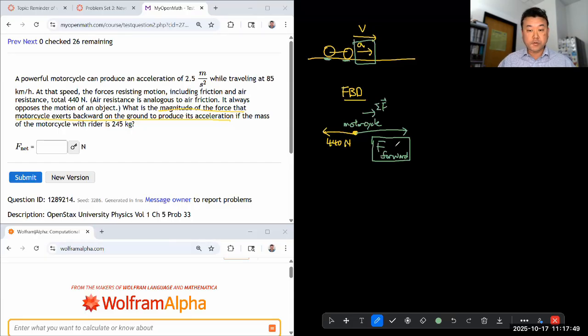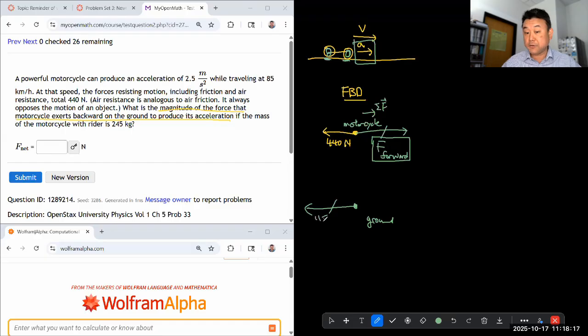And in order to have that force appear, what the motorcycle does is try to spin this wheel. And in trying to spin this wheel, it exerts a force on the ground. So if I draw a free body diagram of the ground, there's actually a backward force on the ground. And this is the Newton's third law pair, the action force and the reaction force.